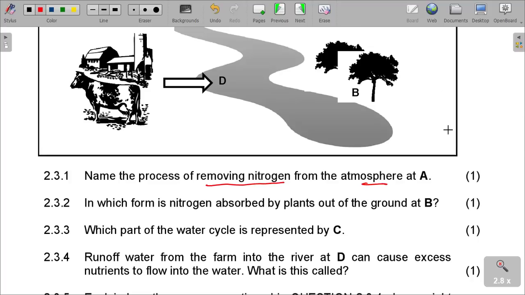The next question is saying, in which form is nitrogen absorbed by plants out of the ground at B? When nitrogen is absorbed by plants, it is absorbed in which form? I'm sure that you know that we talk about the nitrates.